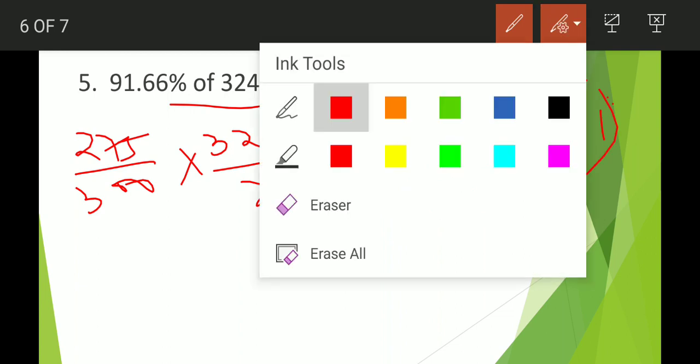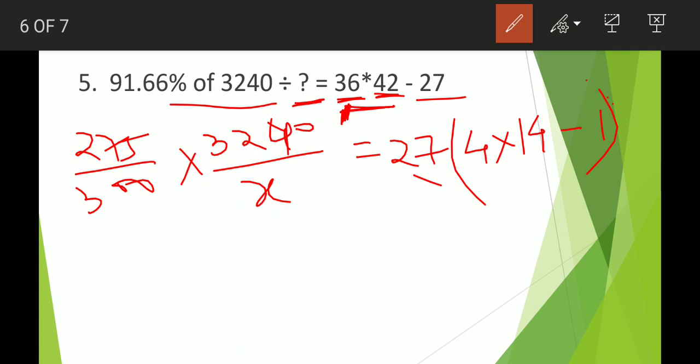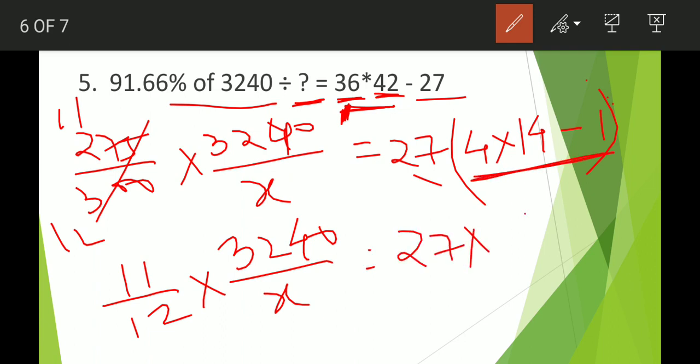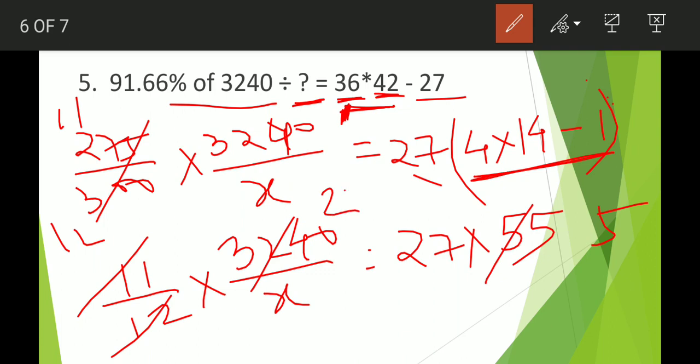So now we can easily do this. If we simplify this, we will get 11 over 12. So 11 over 12 into 3240 over x, 27 into this gives us 56 minus 1, that is 55. So we can now easily solve this. It would give us 270, 27, 10. Therefore if we cancel with 5, we will get 2. Therefore the value of x will be 2.